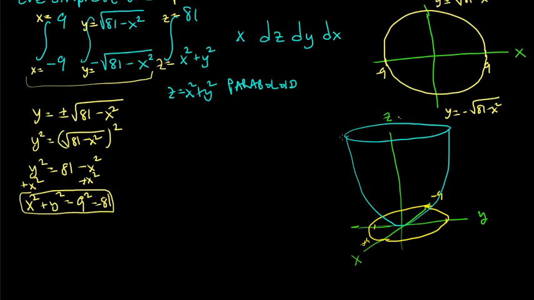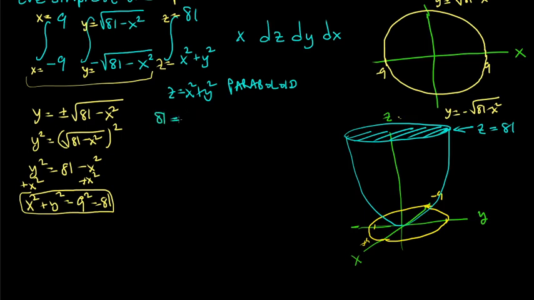The upper surface is z equals 81, which is just this plane here. Oops, sorry, that's z equals 81. There's no negative sign here. And how do I know that this ends up exactly at z equals 81?